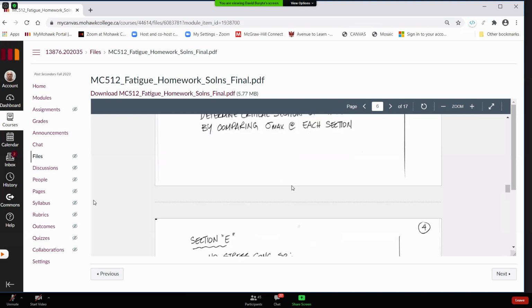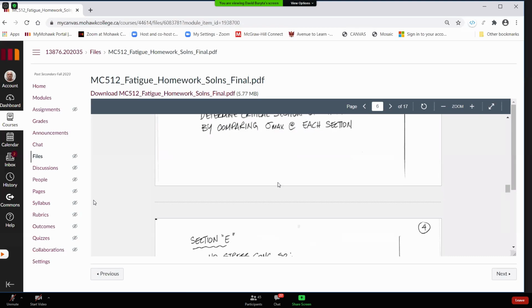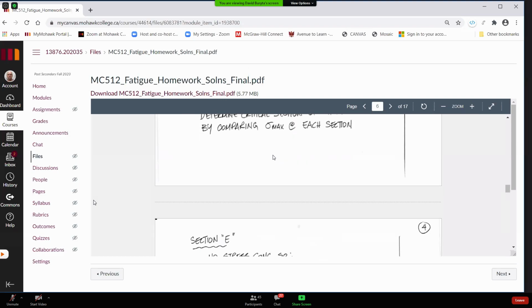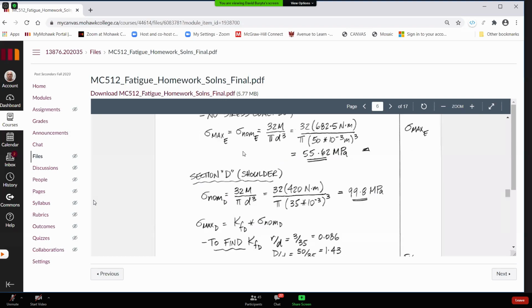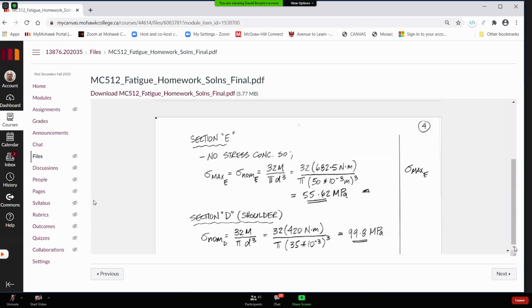So in this particular case, what I did was I looked at, because at E, section E, we don't have any stress concentration here, right? So that means the nominal and the maximum are the same. So we have 55.62, right?